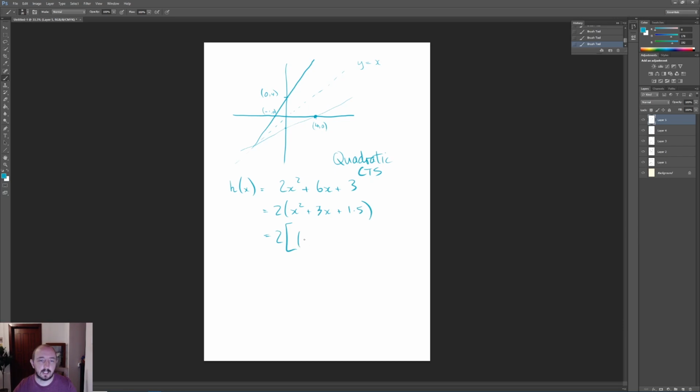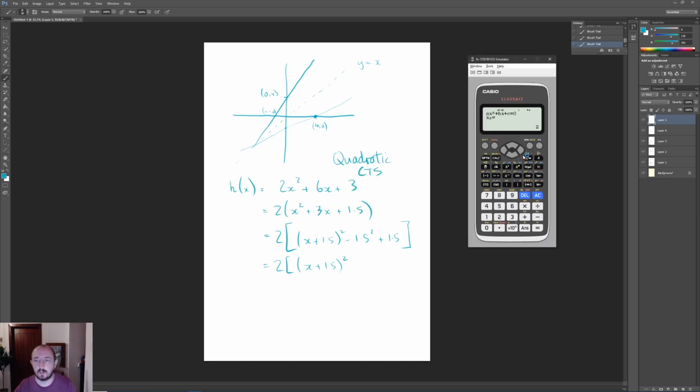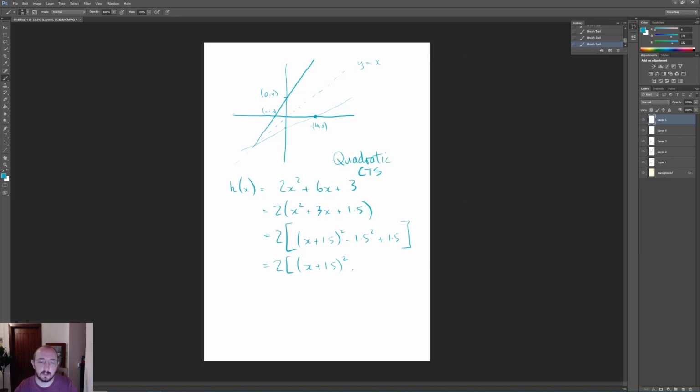So x plus 1.5 squared minus 1.5 squared, and then plus 1.5. So once we've done this, we've got x plus 1.5 squared minus 1.5 squared, take the minus of that, and then add 1.5, minus 3/4.